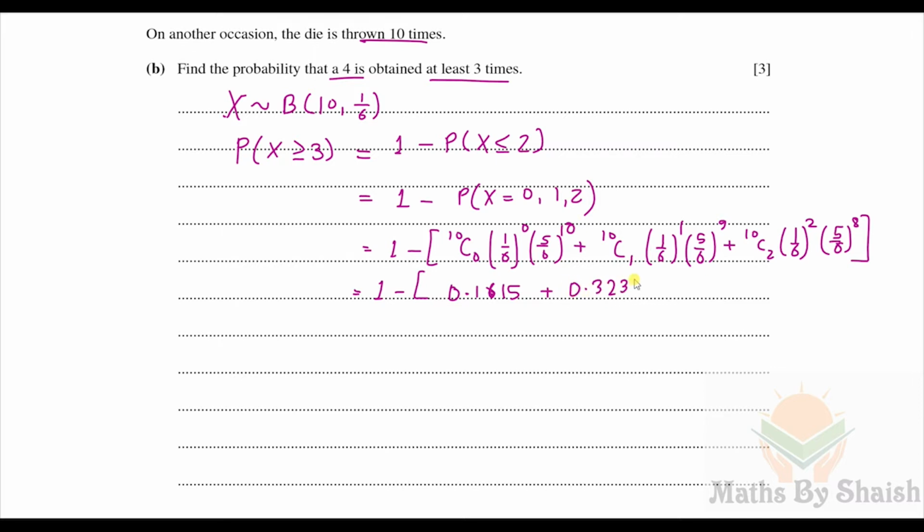Plus 10C2 is 45, and 1 over 6 to the power 2, and 5 over 6 to the power 8. This value is 0.29071.